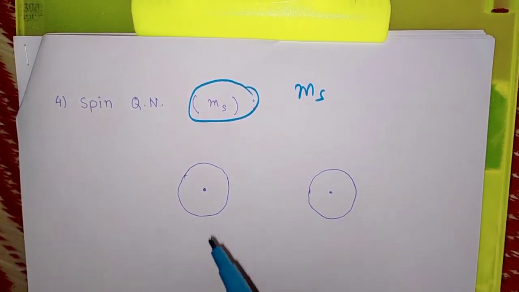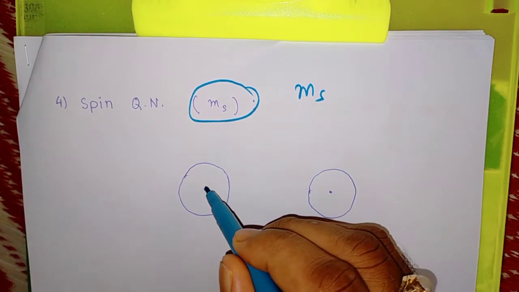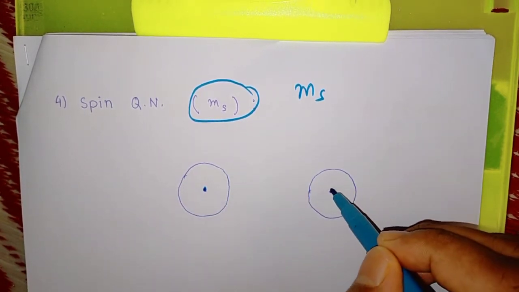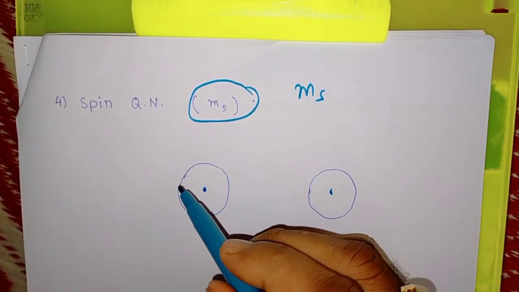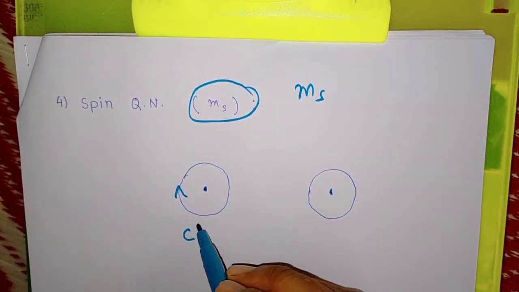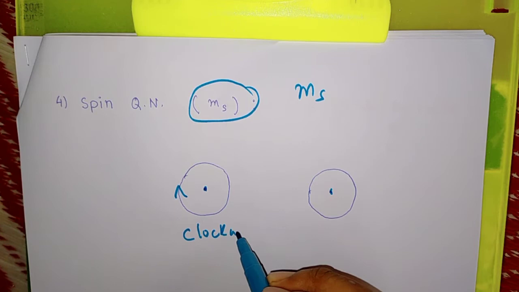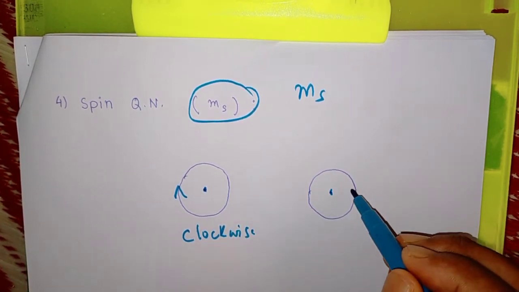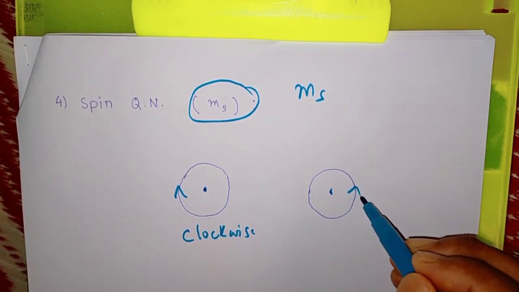Now, when the electron moves around the nucleus, it may move clockwise or it may move anti-clockwise.